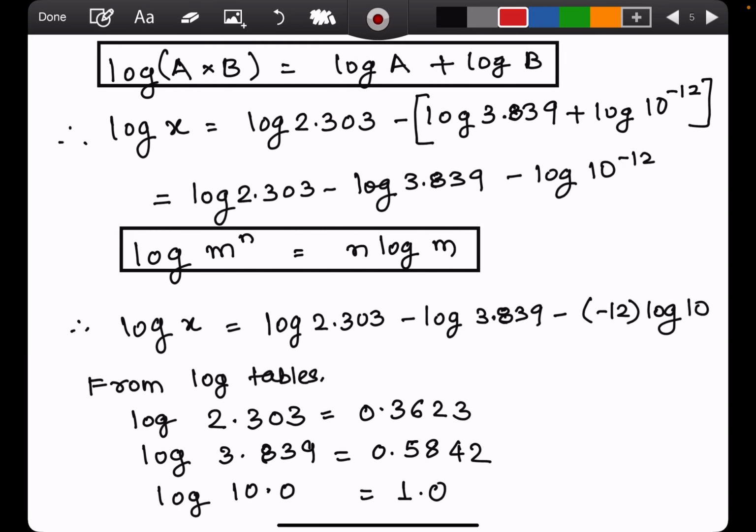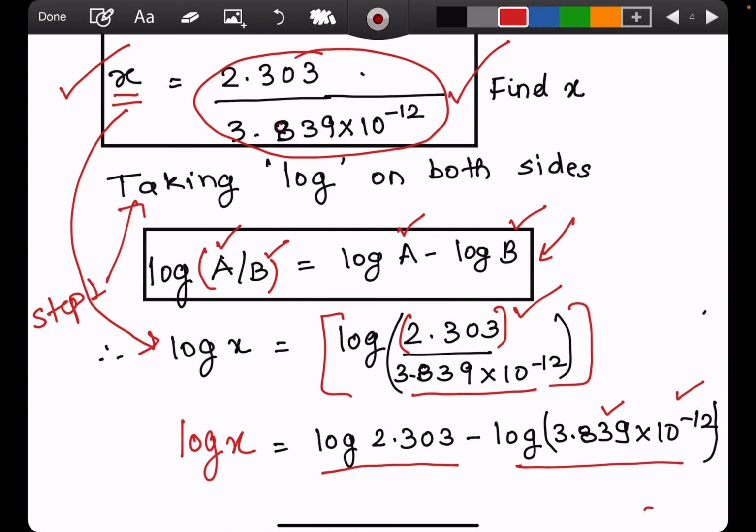To move to the next step, you must again have some knowledge about the use of log, which is when there is a multiplication. Here there is a multiplication, you are multiplying the two terms. So in terms of log, it gets to addition.